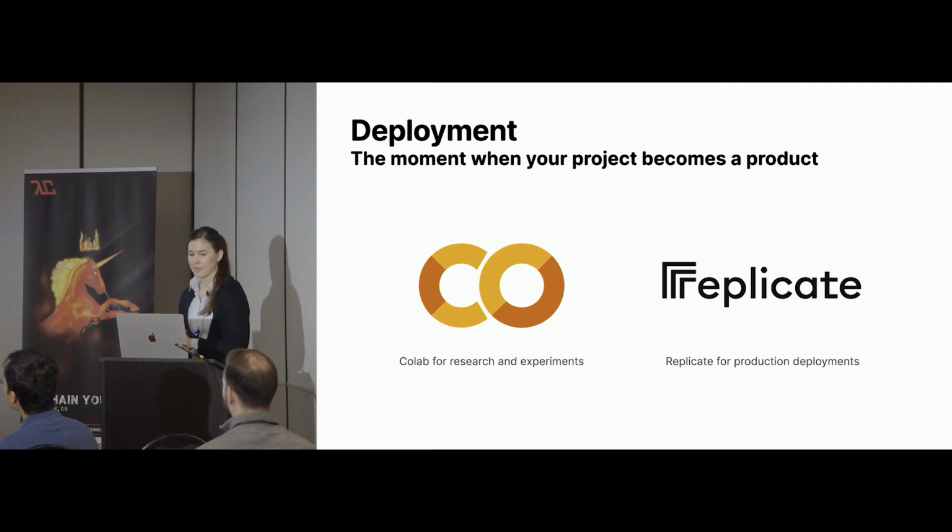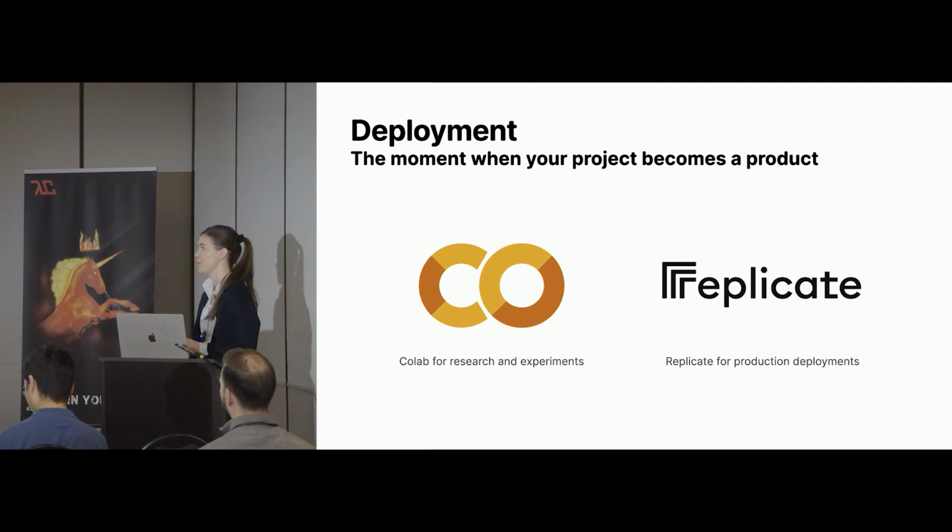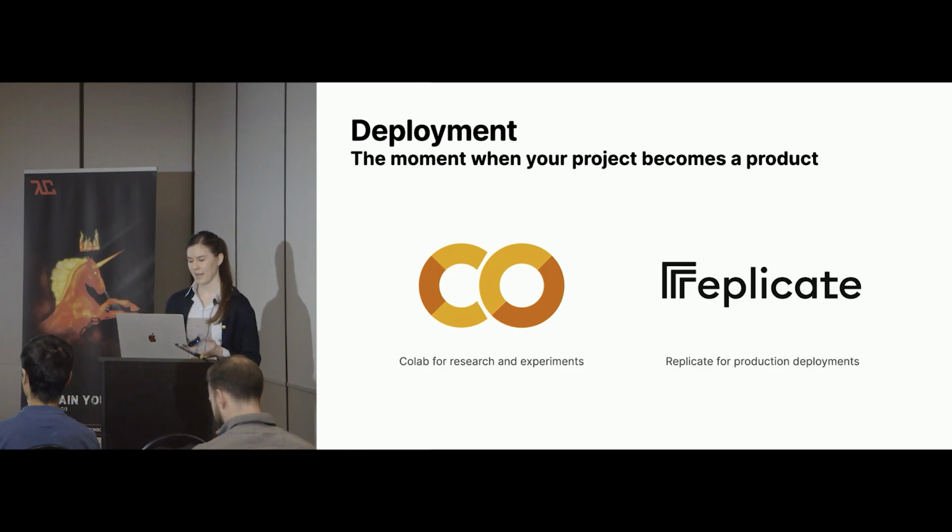So the next step is deployment. It's the moment when you can actually make the model available for use. So first, in the experimenting phase, we were using Google Colab for experiments, but in production, we are using Replicate.